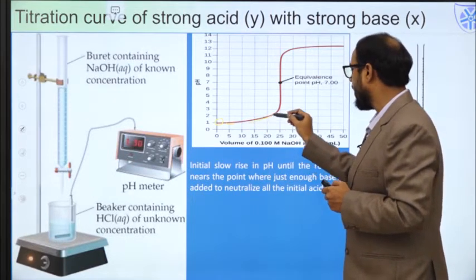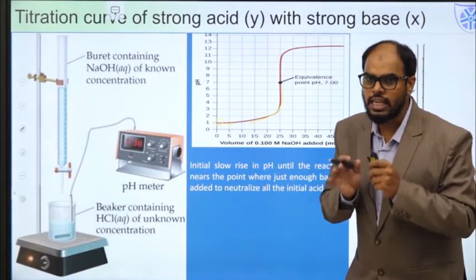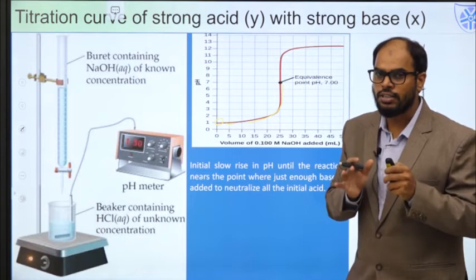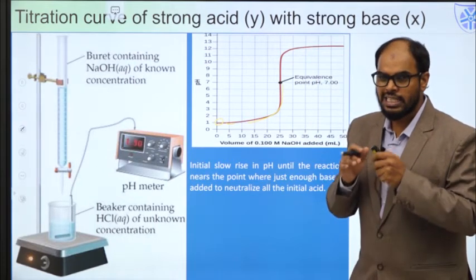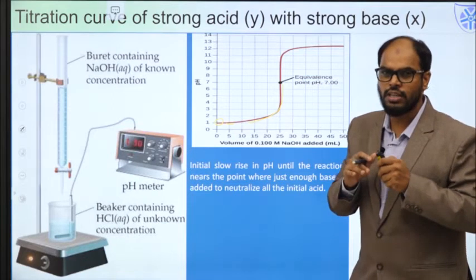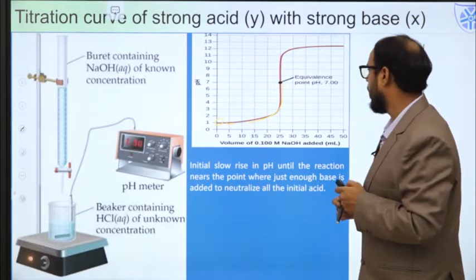It keeps on increasing until it reaches the equivalence point. At this equivalence point, the concentration of the OH minus ions from the burette is just equal to the concentration of H plus ions in the beaker or the conical flask.